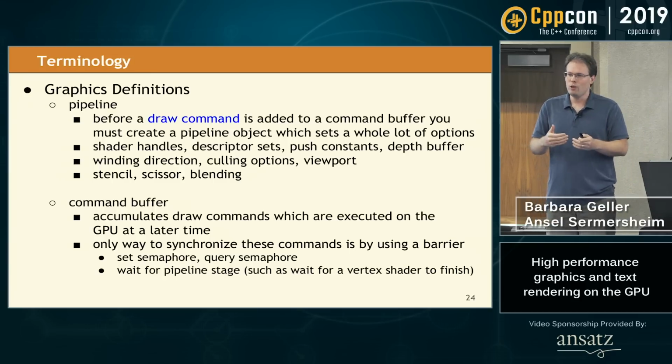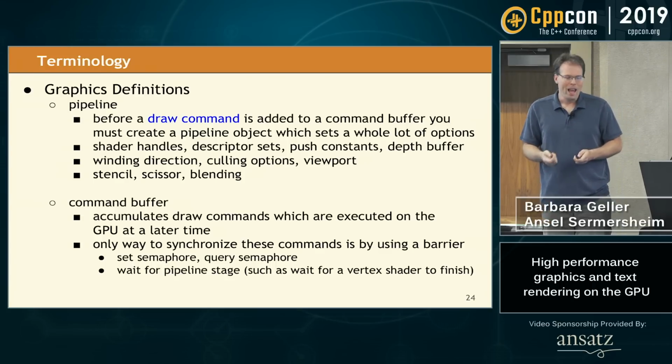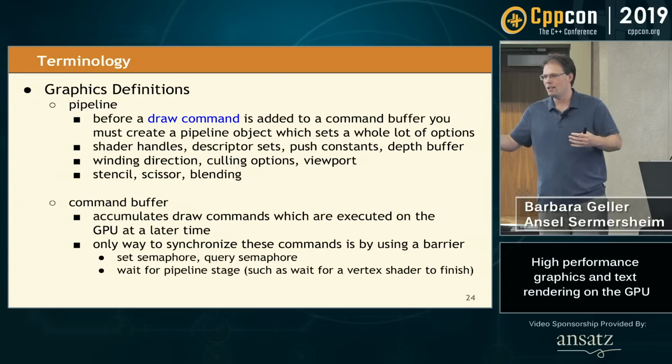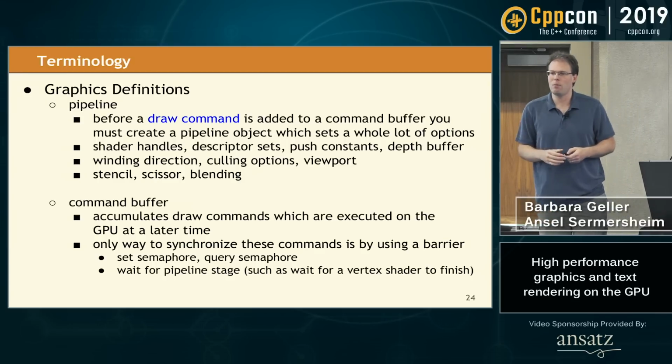So we need a way to explicitly express synchronization when we need it. And that comes from fences and semaphores. There are two types of barriers provided in Vulkan. So this gives you the ability to express dependencies. This has to complete before this, or I want to wait until this is done. But you have to explicitly state that if you want that property.